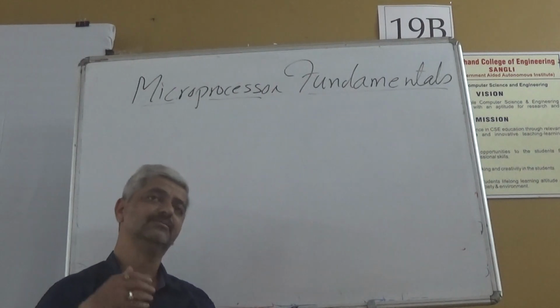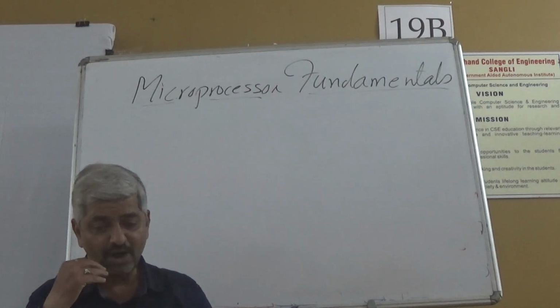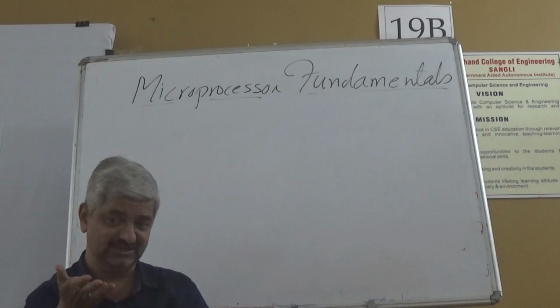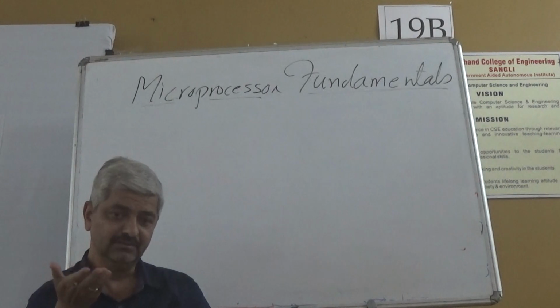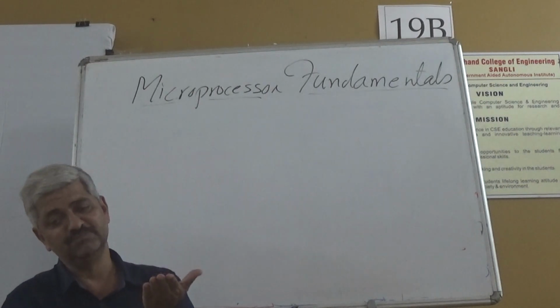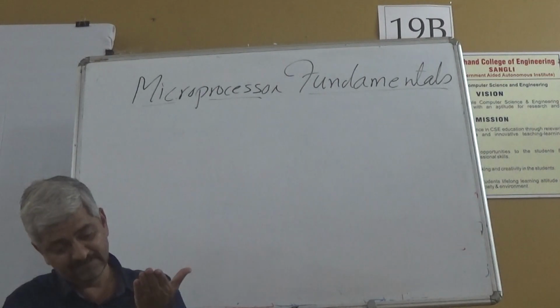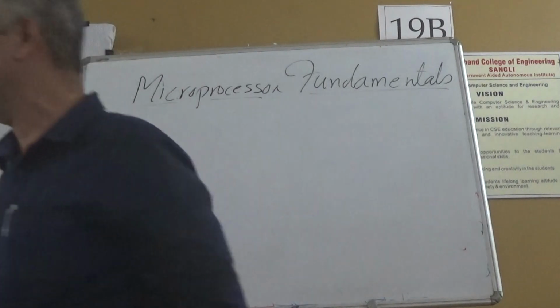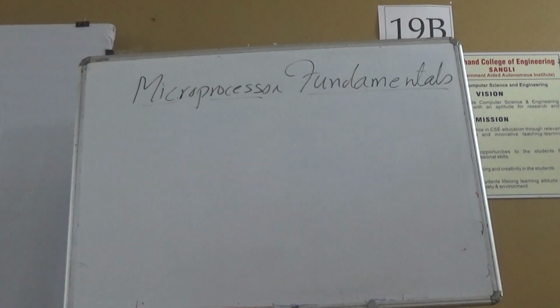So we are now at an advanced stage in the sense that this subject of microprocessor, when it was being learnt in the early 70s, was considered to be a very challenging one, because microprocessors were also getting developed at that time, and moreover they were not readily available.